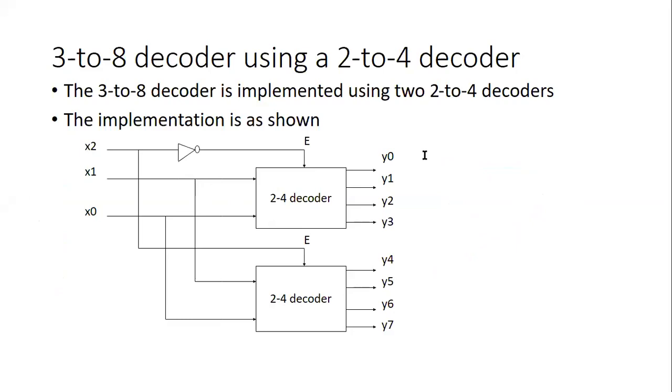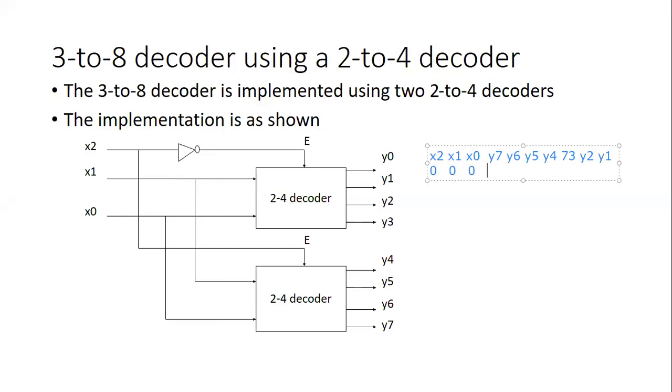How do we write the truth table? Here I have x2, x1, x0 and y7, y6, y5, y4, y3, y2 and y1. Truth table means it should be in table format. So what happens over here?